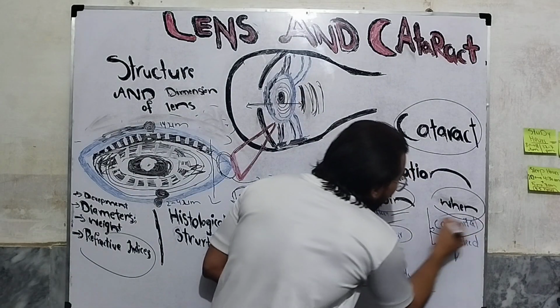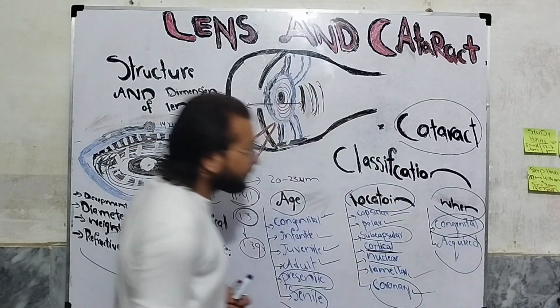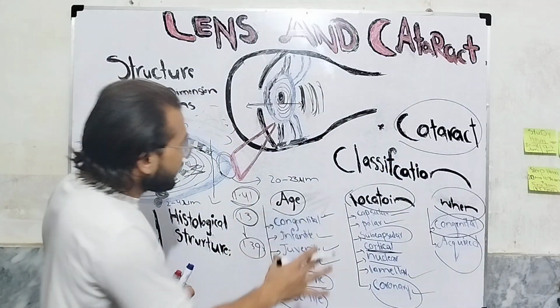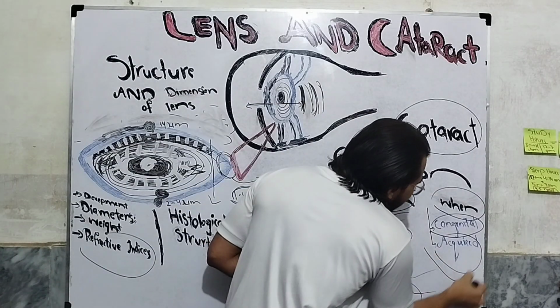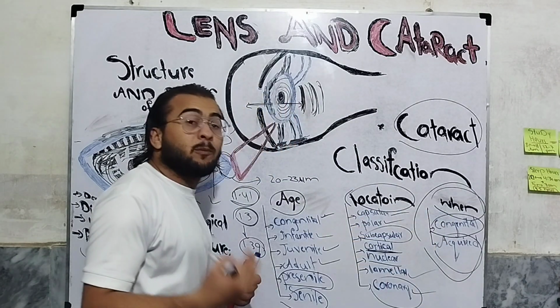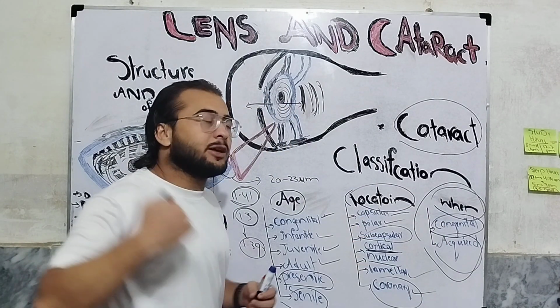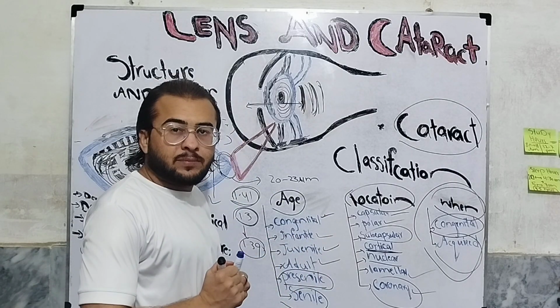When it develops later in life, it is called acquired cataract. We will keep these classifications in mind, but we will mainly discuss congenital and acquired cataract in the upcoming lectures in detail, with their pathogenesis, clinical features, diagnosis and treatment.